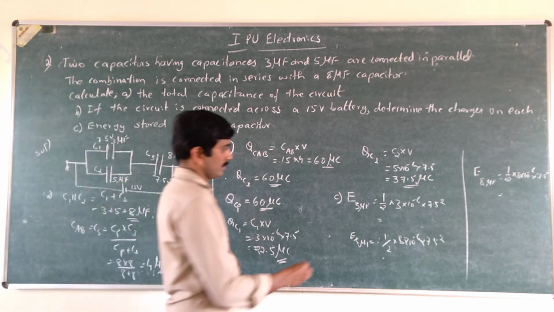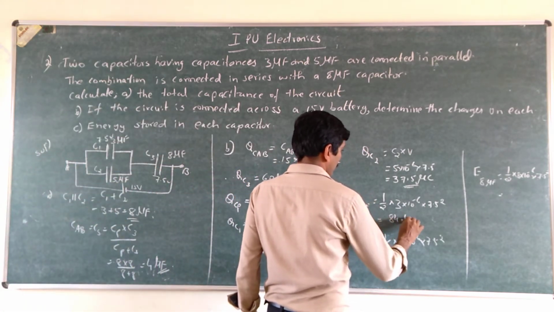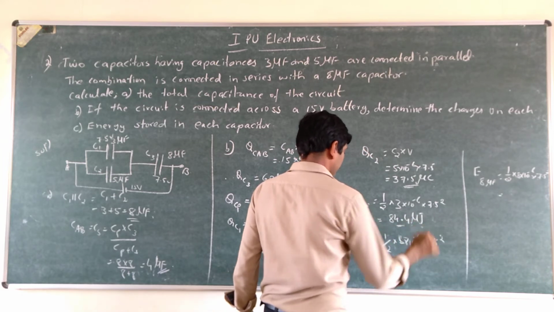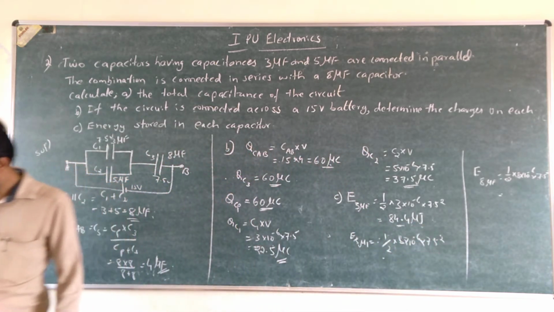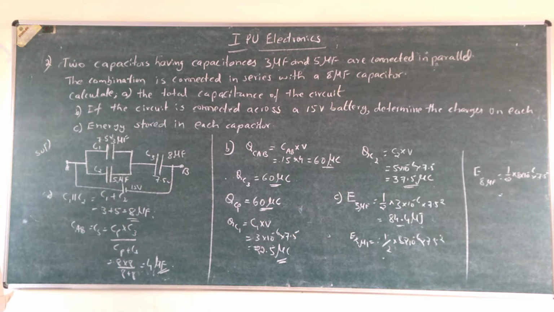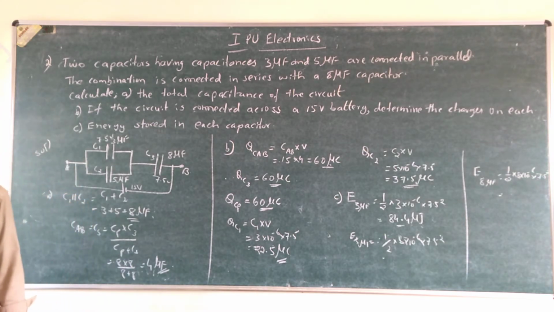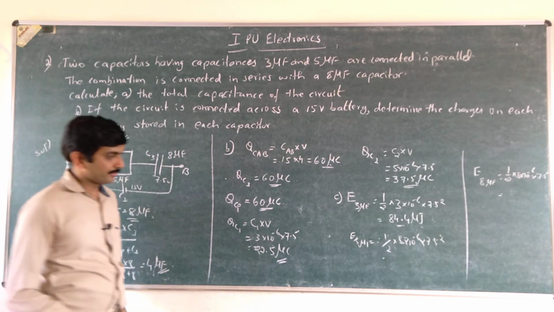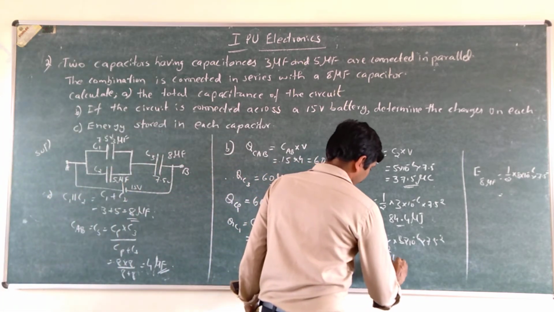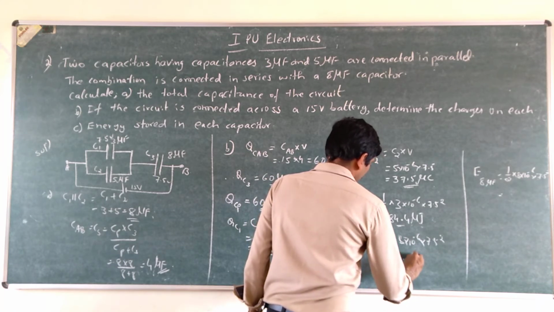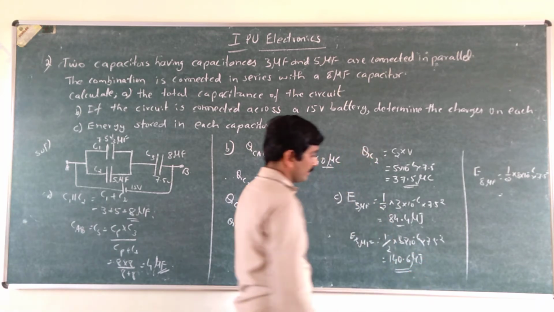.4 microjoules. Next, 7.5 into 5, 140.6 microjoule.